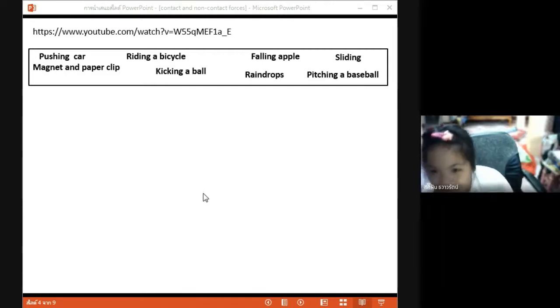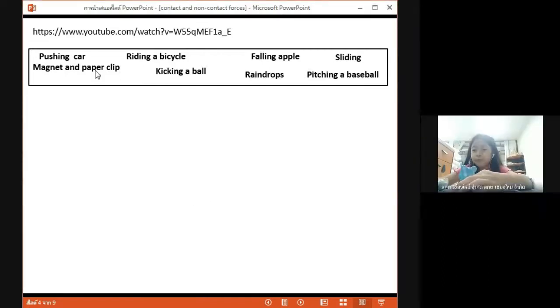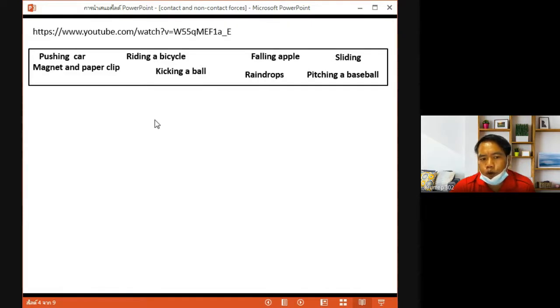Yes. Okay, so again, these are the examples of contact forces and non-contact forces we have learned a while ago. I divide this one into groups. But before that, I would like you to read again.